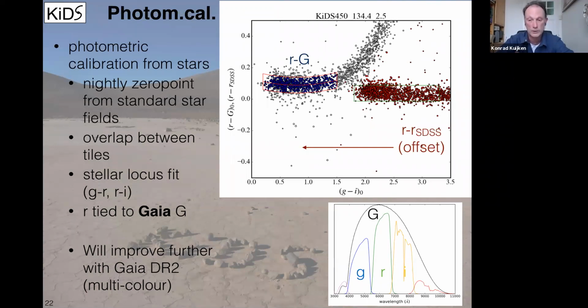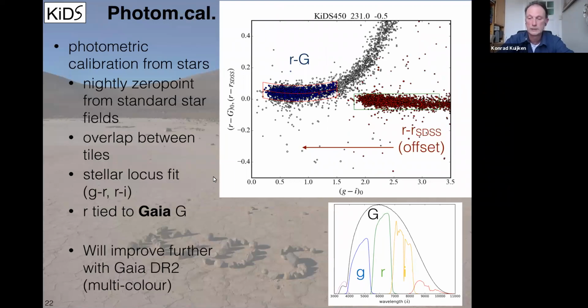And so simply out of the catalog measurements, out of the single measurements, we have everything we need to do the kind of photometric calibration we need. So here are two different tiles. And you see these have an offset, which we catch both in comparing to Gaia and in comparing to Sloan in the same way. So there's a whole other story about color terms and so on, which I'm not going to go into here, which once we start to use Gaia DR2 is going to give us a lot more information there.